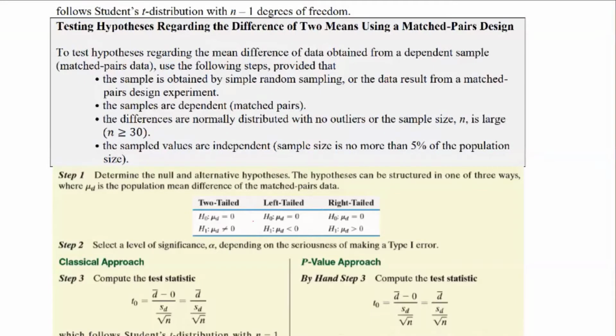So to test hypotheses regarding the mean difference of data obtained from a dependent or matched pairs sample, we use the following steps. First and foremost, the sample is obtained via simple random sampling, or the data result from a matched pairs design experiment. So the samples must be dependent. Then for each matched pair we compute the difference between the observations.